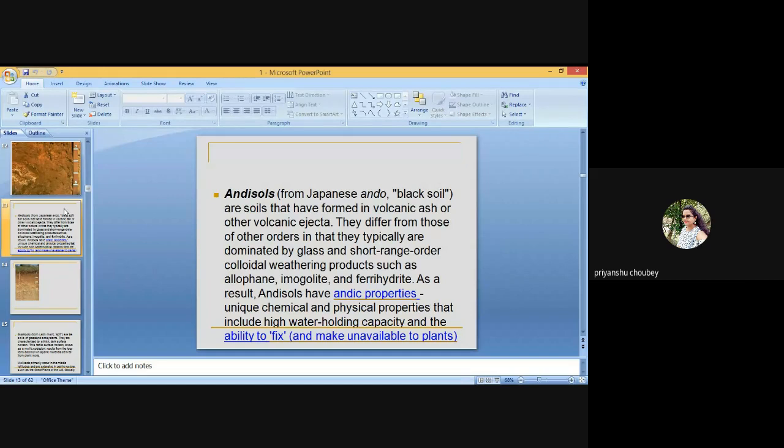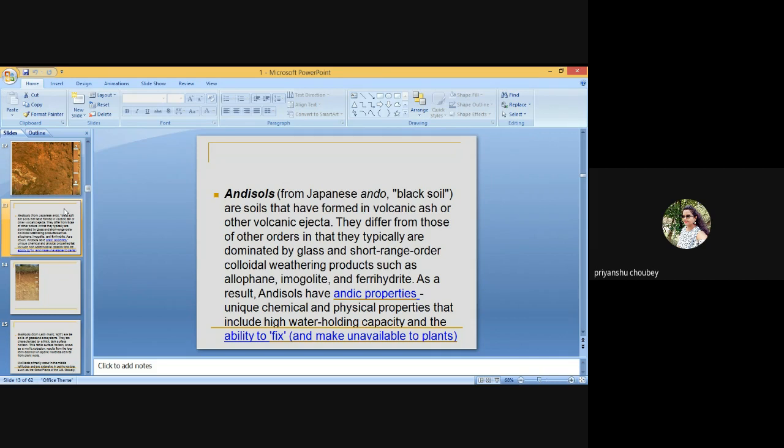This comes from the Japanese word ando. Ando means black soil, or a soil that has been formed in volcanic ash or other volcanic ejecta. They differ from those of other orders in that they typically are dominated by glass and short-range-order colloidal weathering products such as allophane, imogolite, and ferrihydrite.